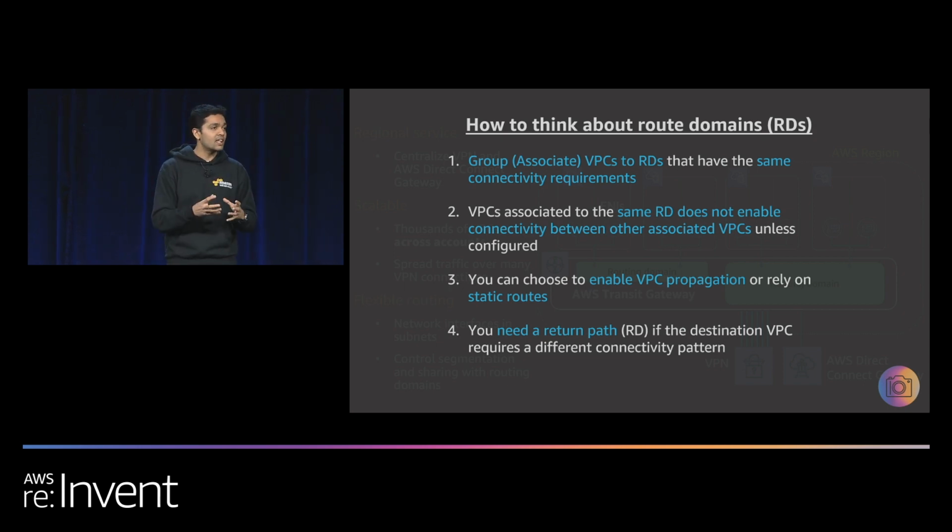Now, inside the transit gateway routing domain, you can either have static routes or you can propagate the routes. We also give you an option of adding a black hole route, which means that it will drop the traffic if it matches the rule. And most important to keep in mind is that you would always need a return path in the routing domain if the destination VPC requires a different connectivity pattern.